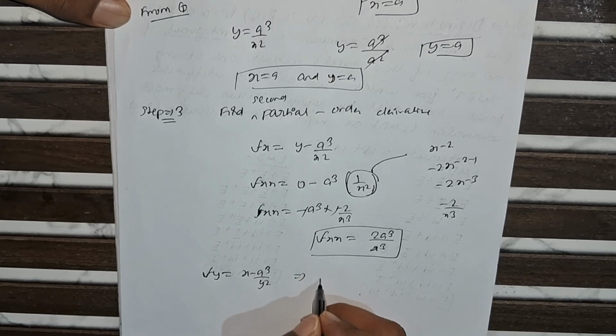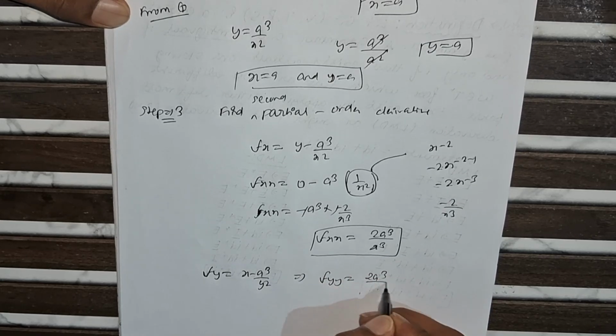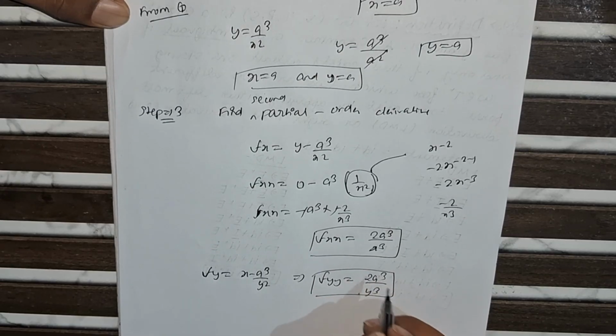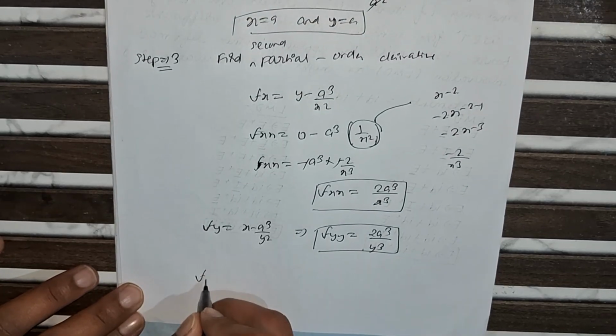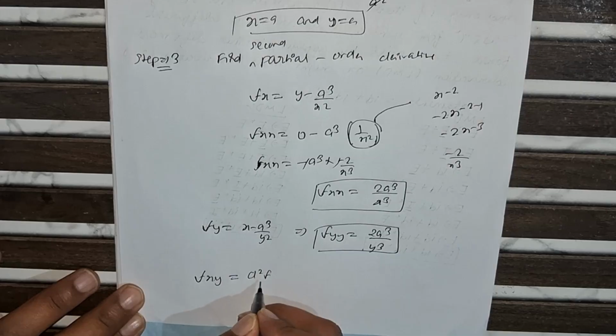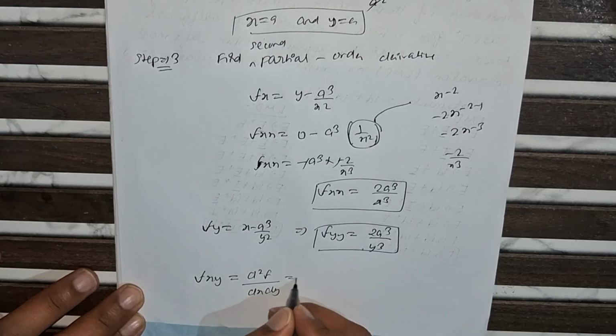So what is the double derivative, means f_yy equals 2a³ by y³, like this. And what is the differentiation of f_xy, which is equals to differentiation of x, function of differentiation with respect to dx into dy, which is equals to 1.